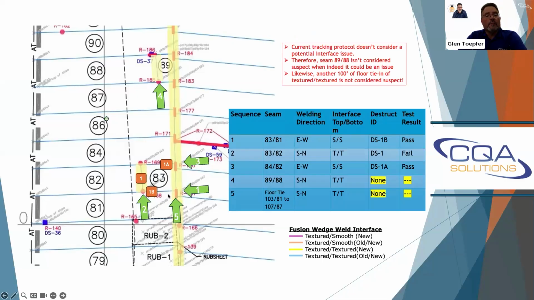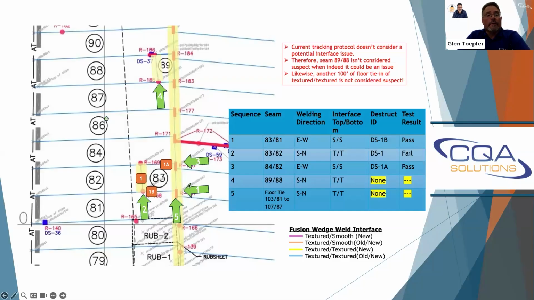The first seam would have been 83, 81. That would have been 83 being on top, 81 because the sump is down here. That's the direction it would have been welded. If you ever want to figure out the overlap, stand facing down the seam. If your left foot is on the lower sheet, you're facing the way the welders here in the United States run.